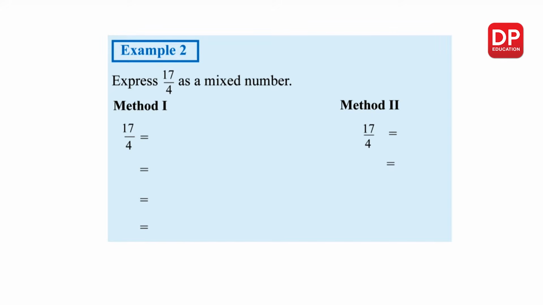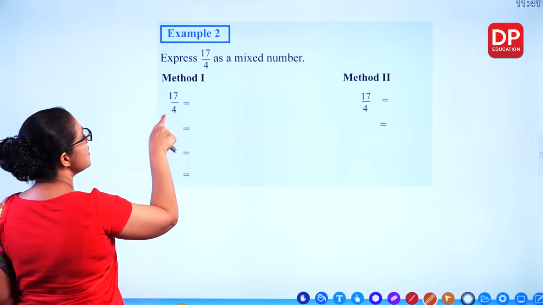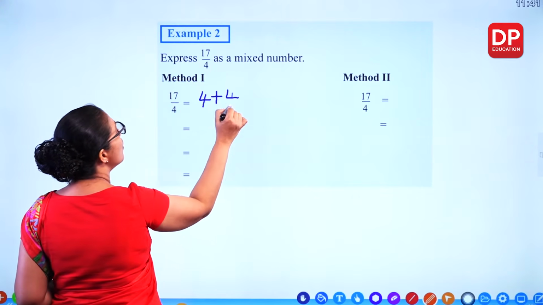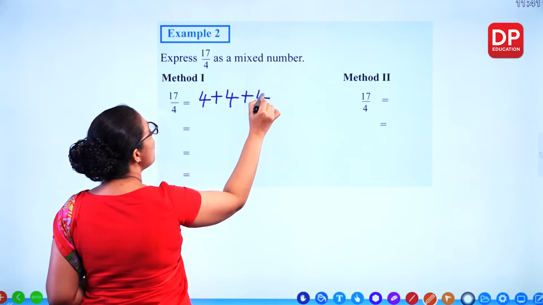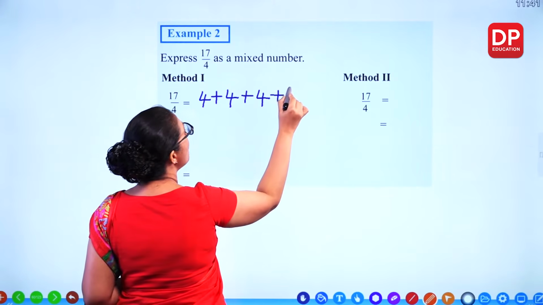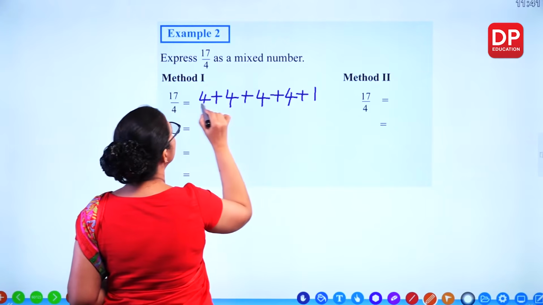17 over 4 as a mixed number. First method will split 17 in terms of 4. 4 plus 4, you get 8. 8 plus 4, 12. 12 plus 4, 16. 16 and 1.